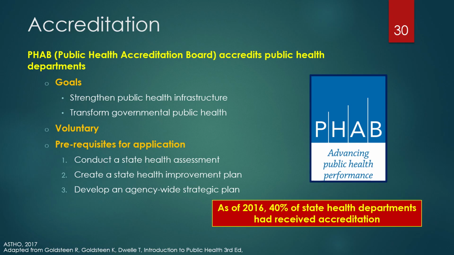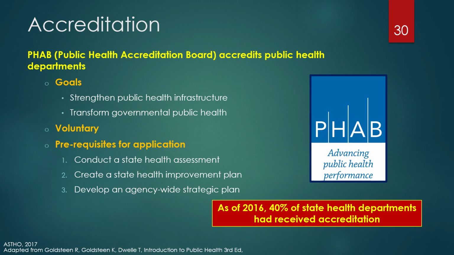Related to quality improvement and effectiveness is a growing interest among state health departments in accreditation. The Public Health Accreditation Board, PHAB, accredits public health departments to strengthen public health infrastructure and transform governmental public health. This is a voluntary activity.